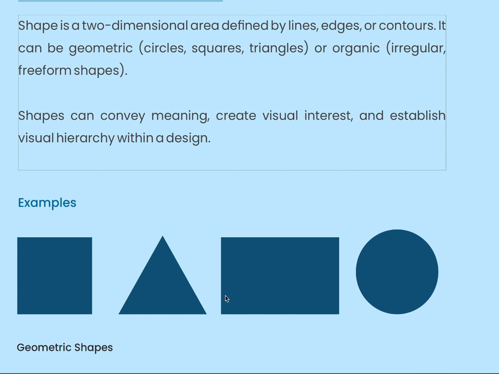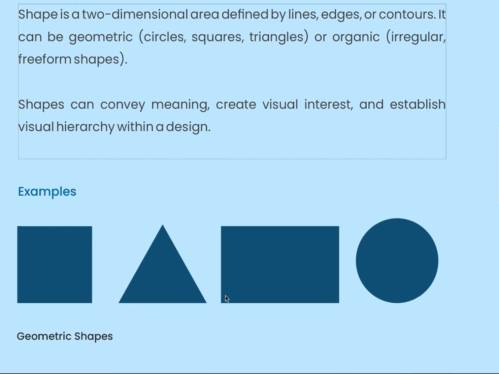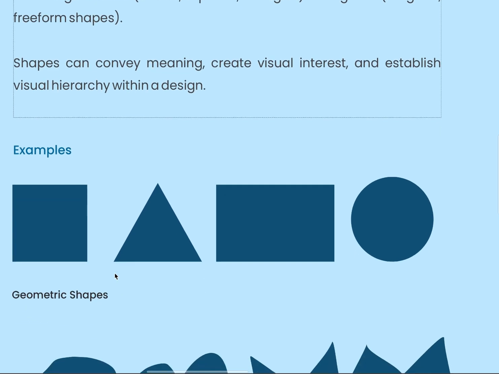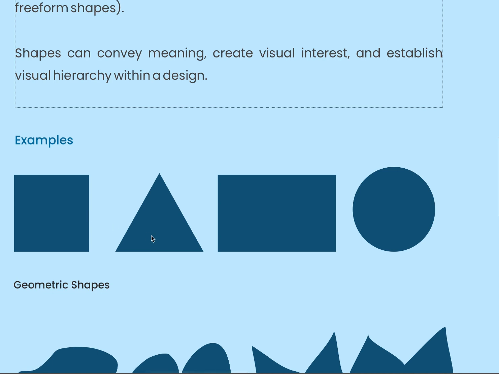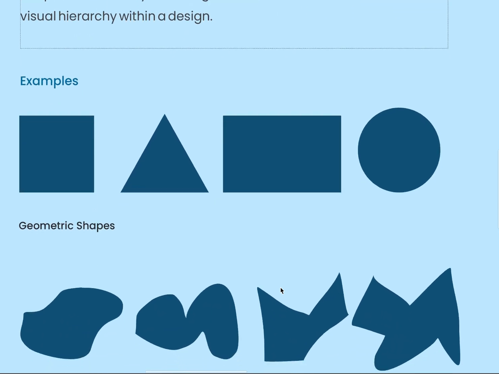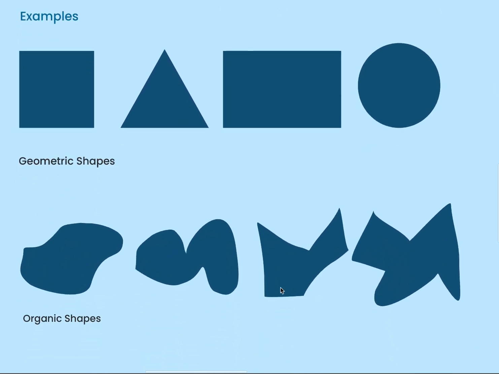As I've said earlier, we have geometric shapes and we have organic shapes. Geometric shapes are the ones like your normal square, rectangle, triangle, and circle. And there is another called organic shapes.